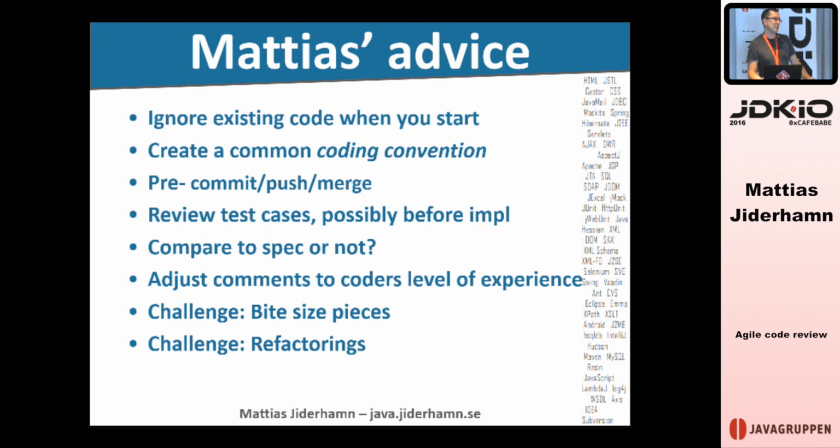Another challenge is refactorings. If you're moving stuff around, it's easy to have a reviewer review the same code over again. So you took this 400 lines of code and moved it from one class to another, and there were only 2 lines changed. Well, then he read the other 398 lines. There weren't any changes in there.